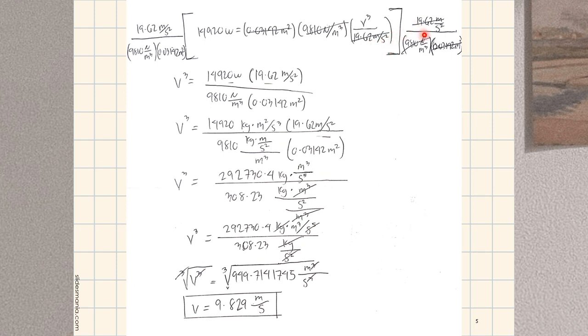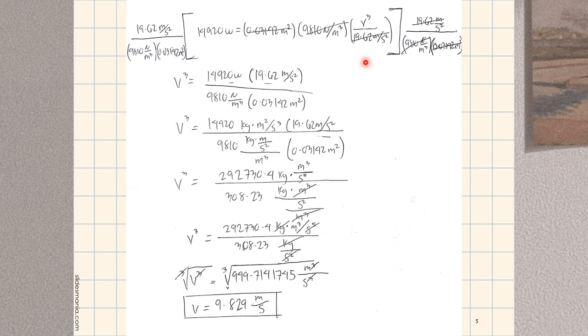Multiply by 19.62 meter per second squared over 9,810 Newton per cubic meter times 0.03142 meter squared. And then we need to cancel out the same value and unit. So cancel 9,810 and 19.62 meter per second squared.